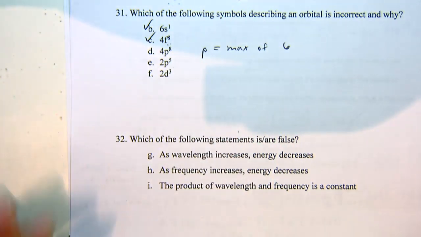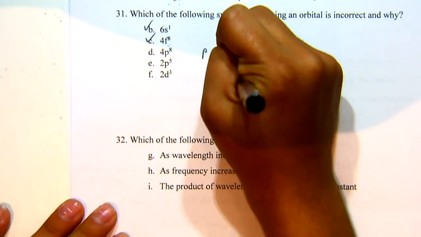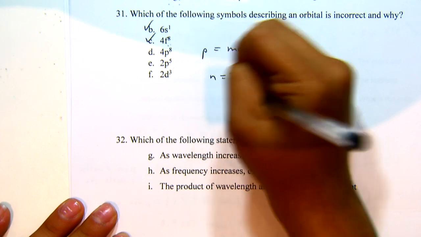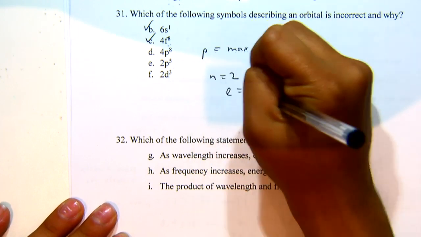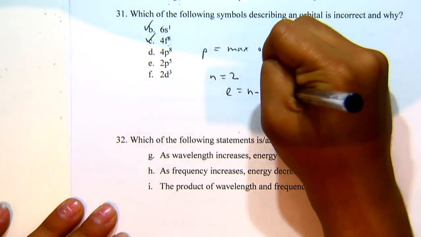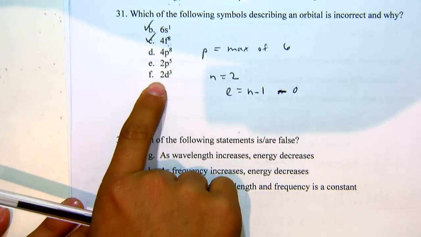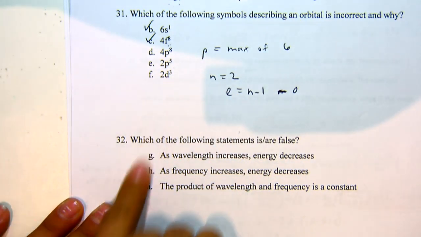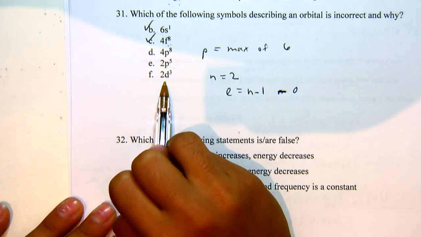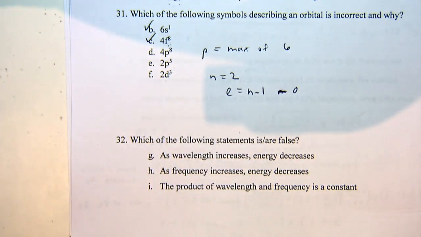That goes against the rule: if n equals 2, then what should your L equal? Great, L has to equal n minus 1, or 0 to 1. So that could only exist if it was 2s2 or 2p3.